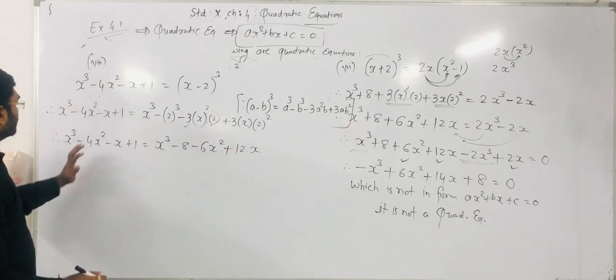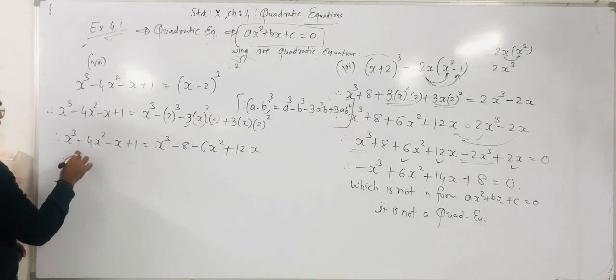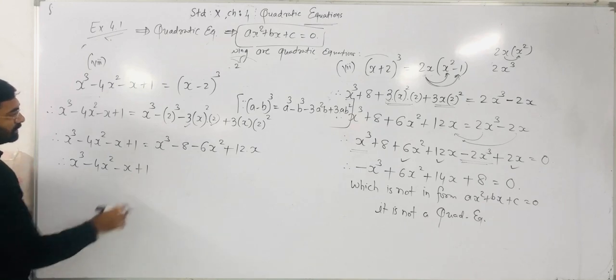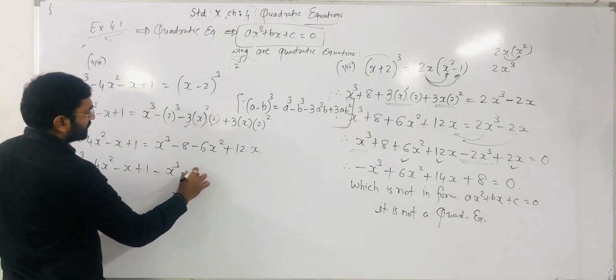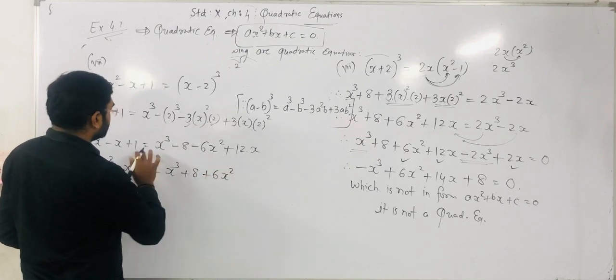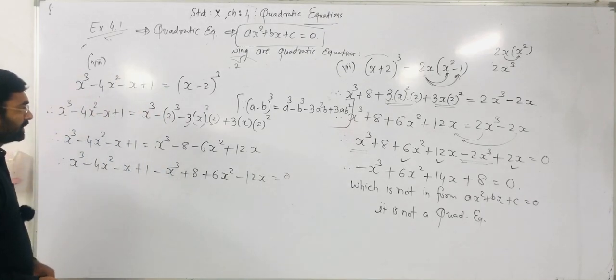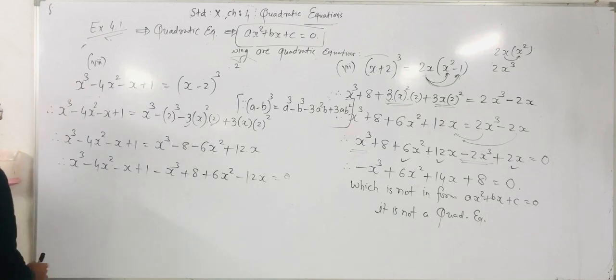Now all these terms we take to the left hand side, so its sign is changed. x cube minus 4x square minus x plus 1, plus x cube comes to the left hand side, minus 8 becomes plus 8, minus 6x square becomes plus 6x square, plus 12x becomes minus 12x is equal to 0, right? Because all right hand side terms we take to the left hand side, so on the right hand side we get 0.